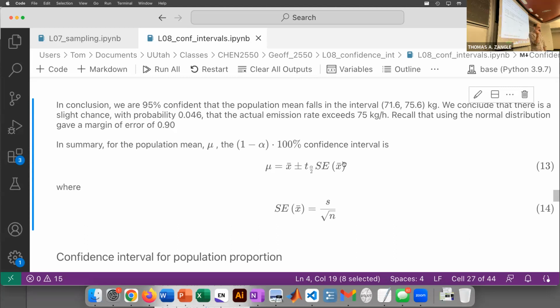What you'll see in tables of the t-distribution, or if you were to compute it, is that if you compute the t statistic for a 95% confidence interval and vary n, you just keep increasing n, it approaches 1.96. When you get to about 30, it becomes about 1.96, and from there it doesn't change. So you can do it that way, and that's totally fine.